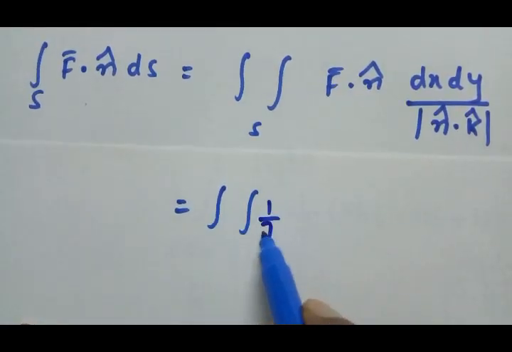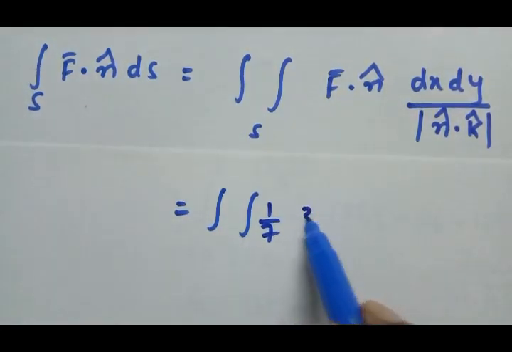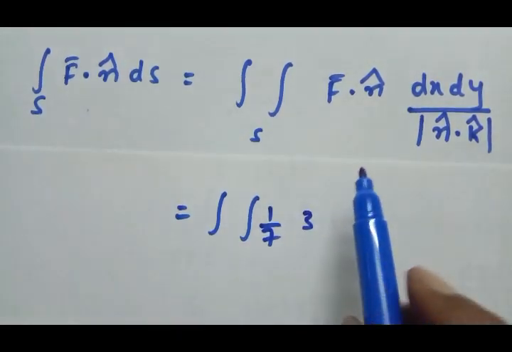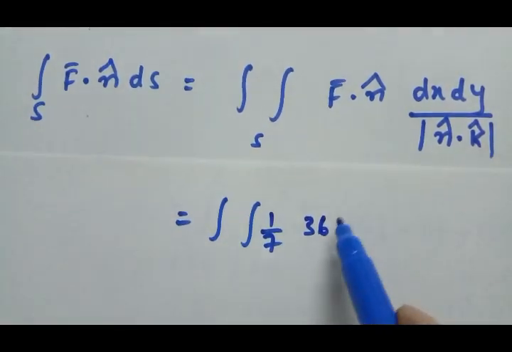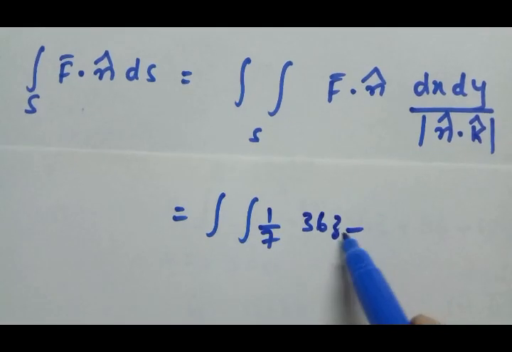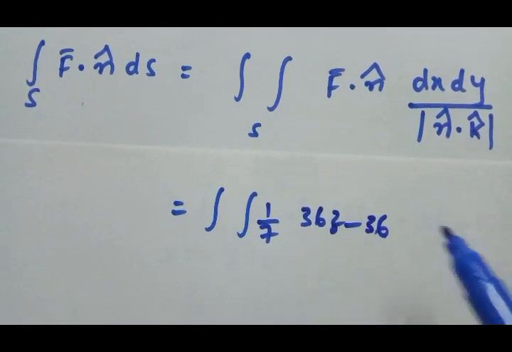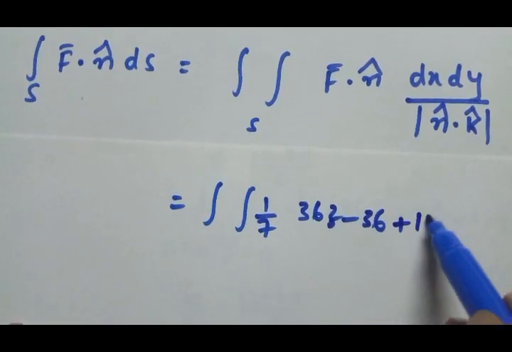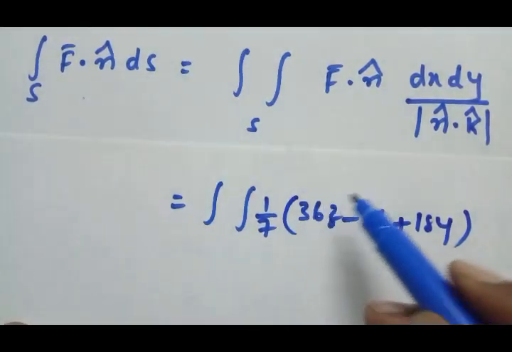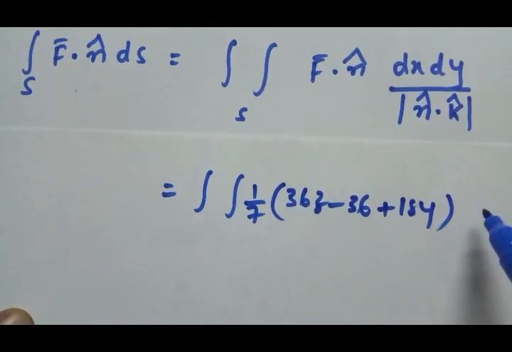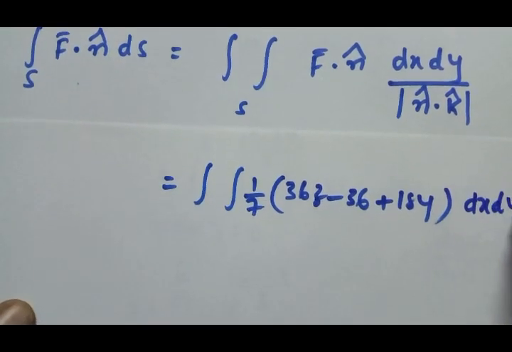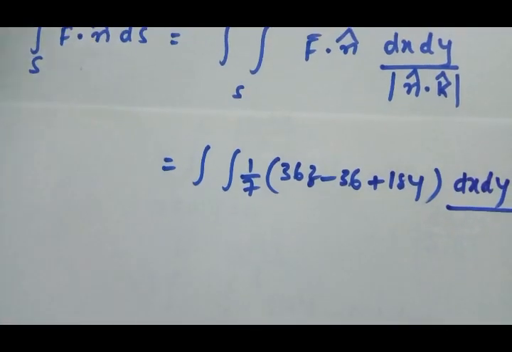So 1 by 7 into 36z minus 36 plus 18y into dx dy by modulus of n cap dot k cap.